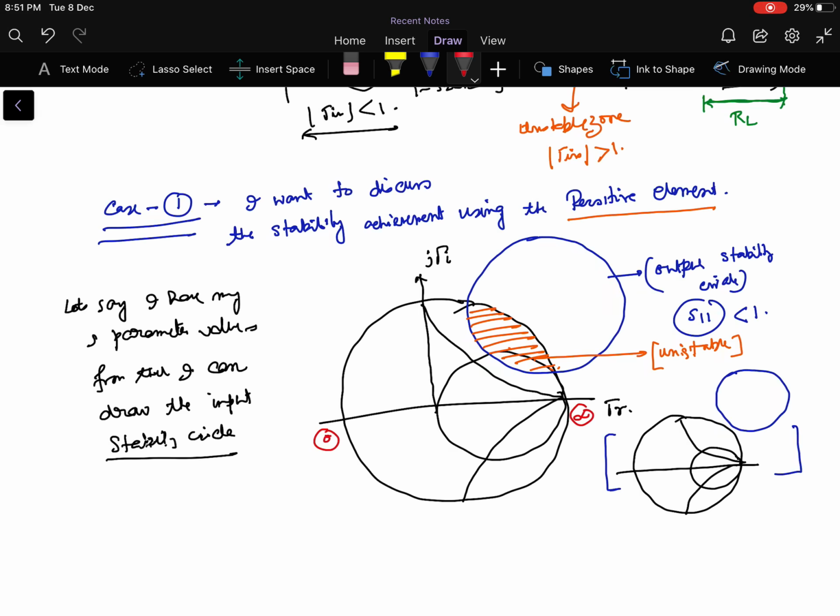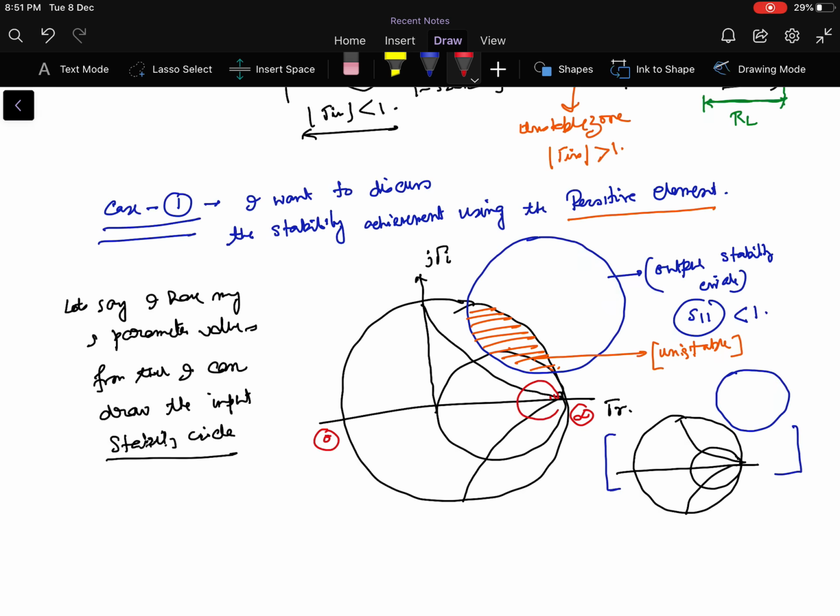Now I can always see how my constant resistance circles are moving. They will move in this fashion. One of the constant resistance circles, let's say I was drawing it in black color, will be going like that.